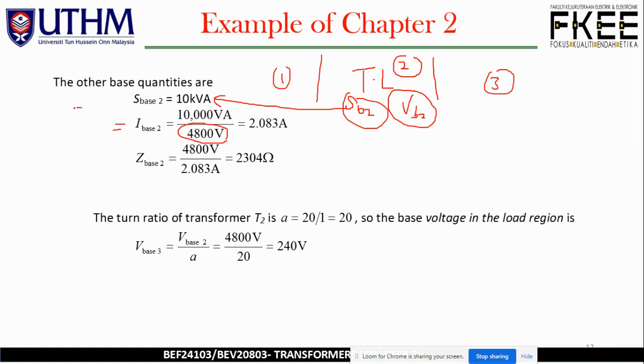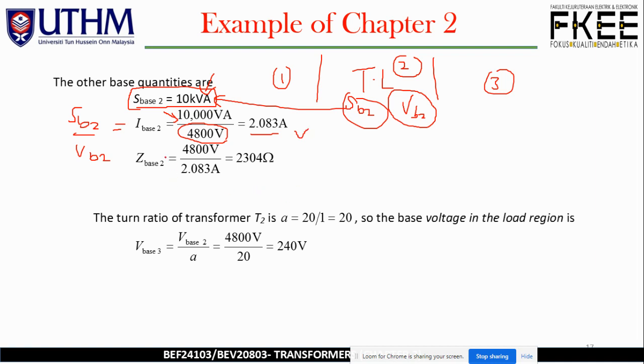We can also rewrite the equation: S base 2 over V base 2. So 10 kVA for the S base, all the way from the beginning until the load section, is unchanged, we stick to 10 kVA. Substituting here gives I base 2 equal to 2.083 ampere.